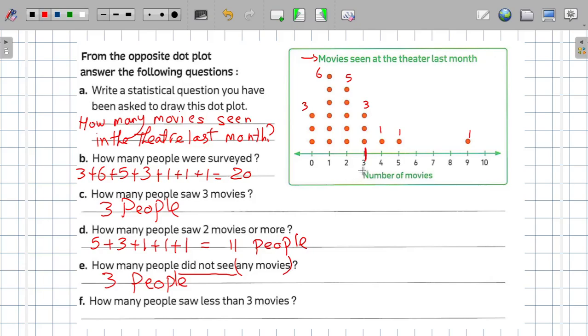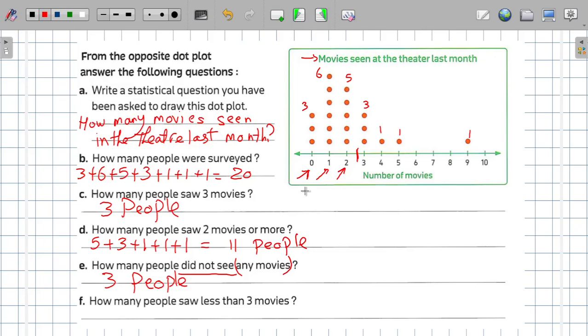So I want the people who saw less than 3 movies. So I think 3 is not with us. So I will look at 2 and 1. And I think it will be 0 as well.